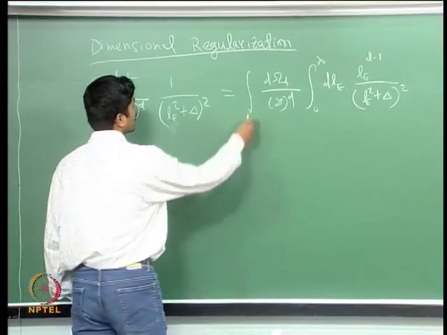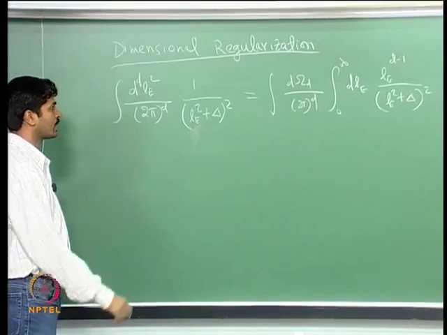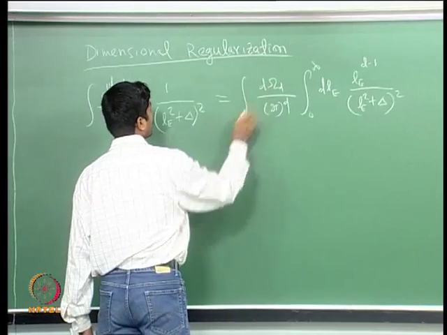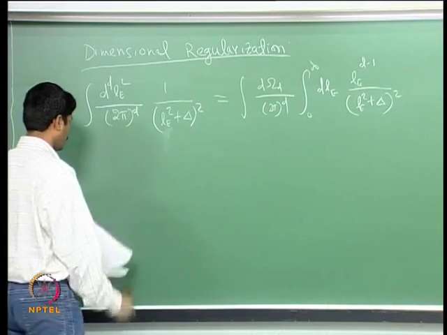So, when I integrate all the angular variables, I will get the area of a unit (d minus 1) sphere, which I can evaluate as follows.